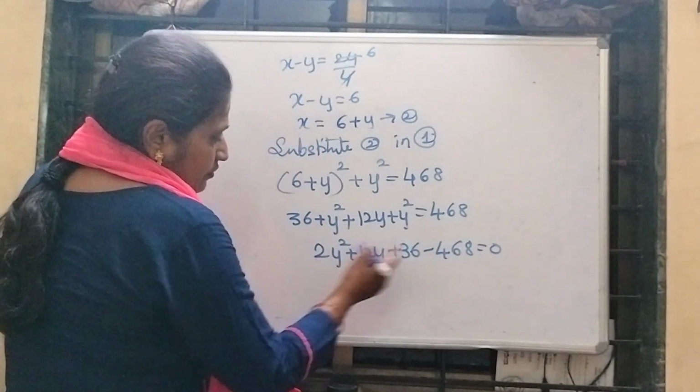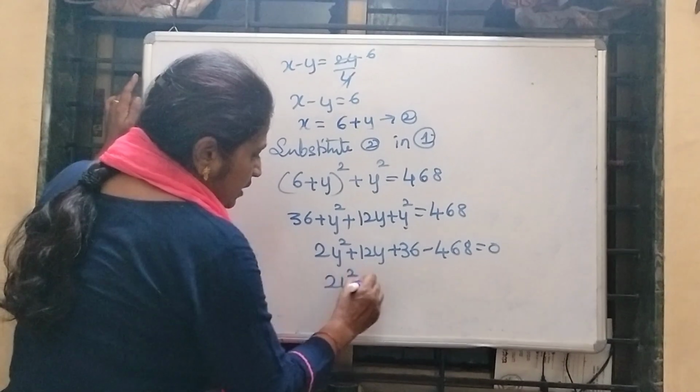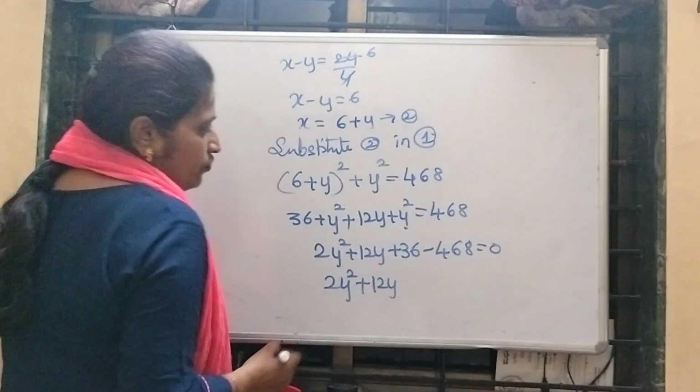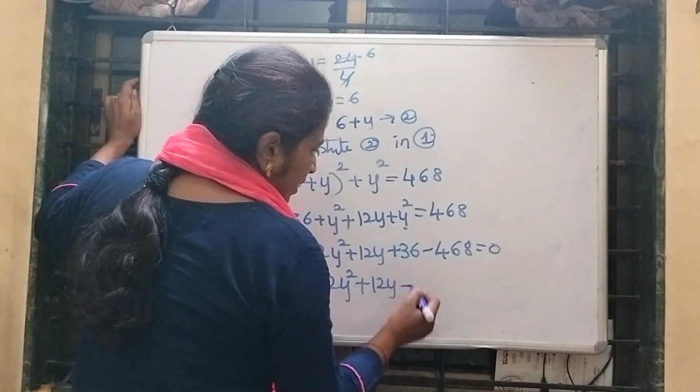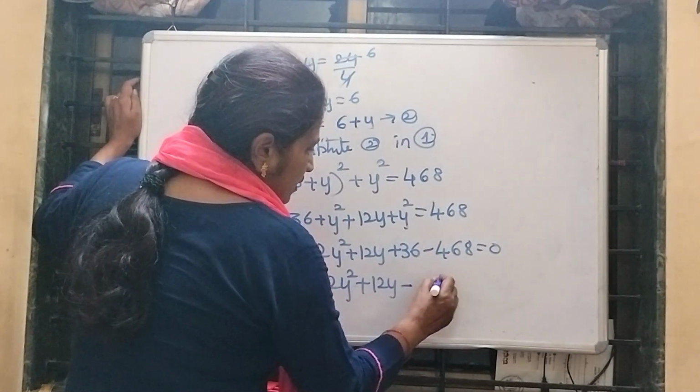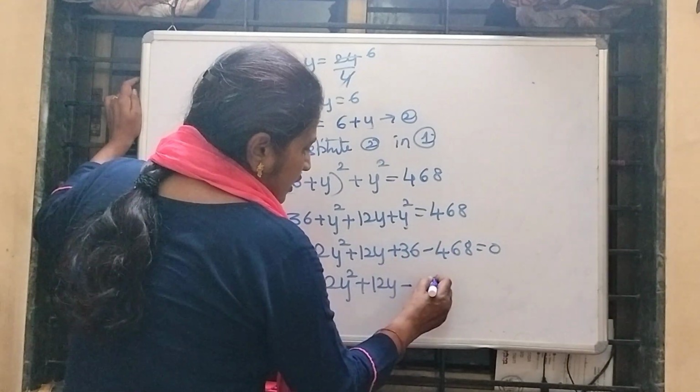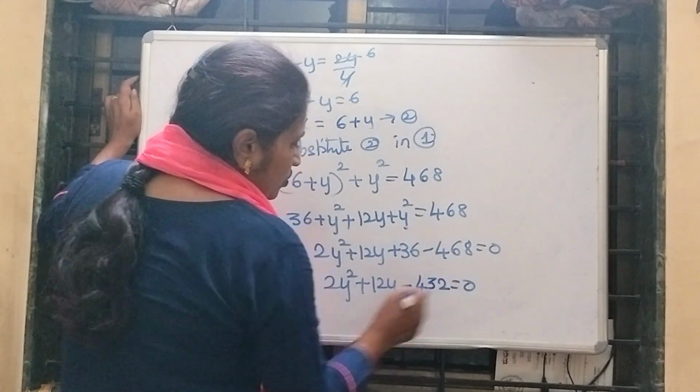Now subtract: 468 minus 36. The greater number symbol is minus, so you have to keep minus. 8 minus 6 is 2, 6 minus 3 is 3, so 432, is equal to 0.